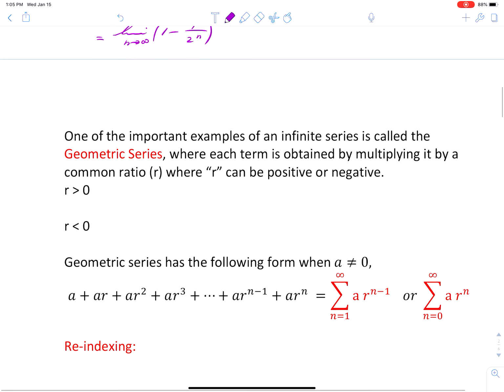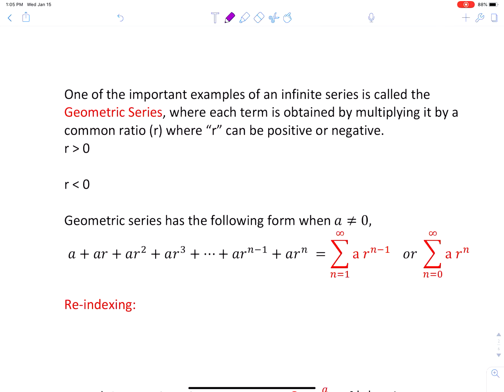One of the important examples of this inference is called the ratio test. Not the ratio test, sorry, geometric series. I'm getting ahead of myself; the ratio test is the important test we use for series. Geometric series, you could recognize it by the form that they come in, which we talk about in a few seconds, or also by writing a bunch of terms.